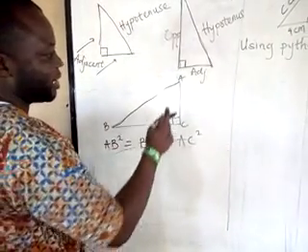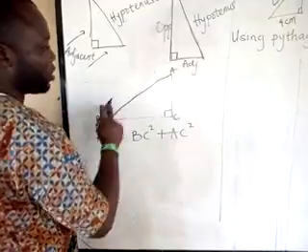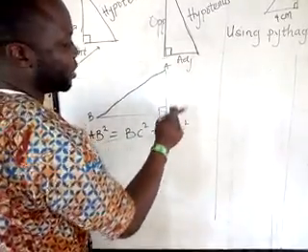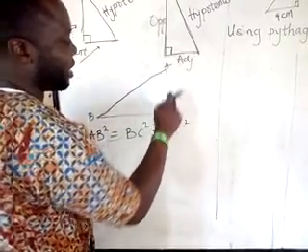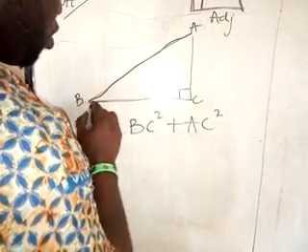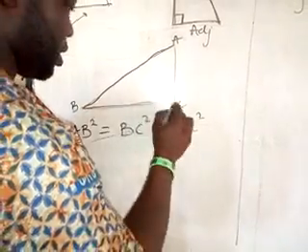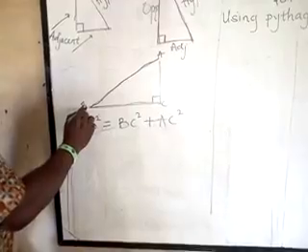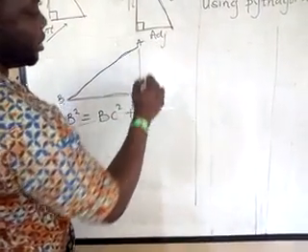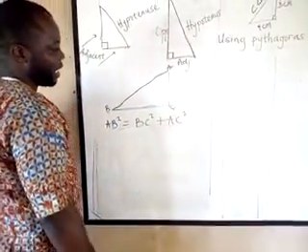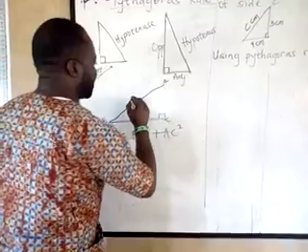So side AB is our hypotenuse, while side AC is our adjacent, while side BC is our opposite. Are you getting it now? This is side BC. This is side AB. This is side AC.